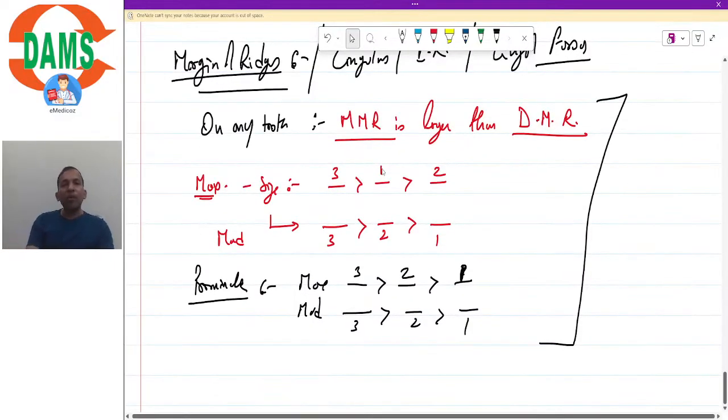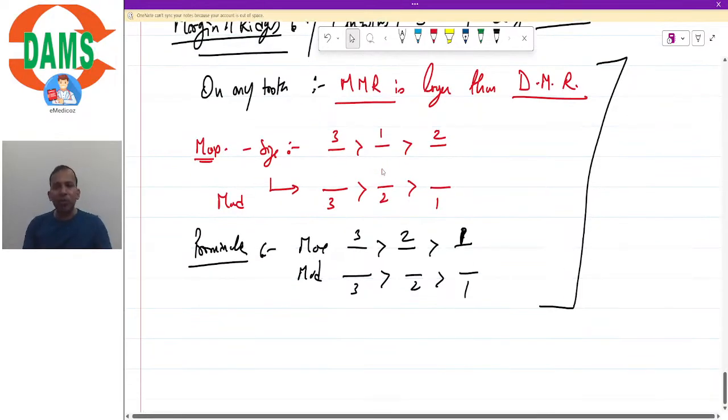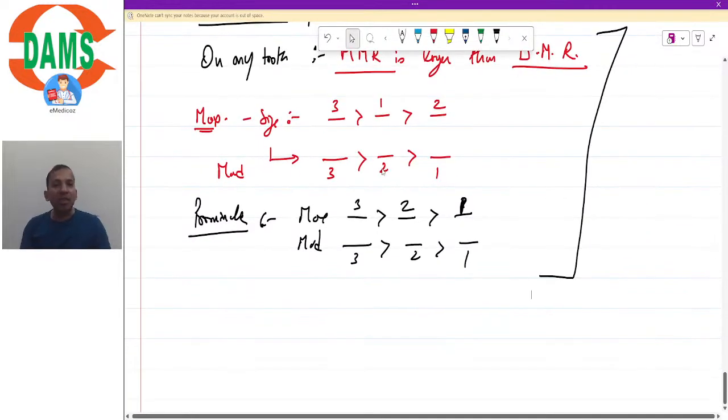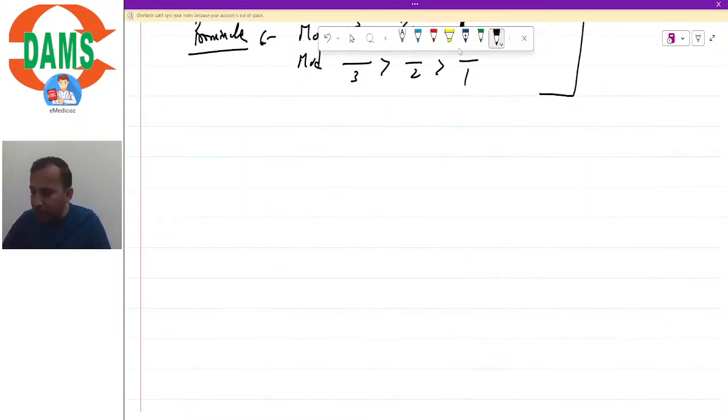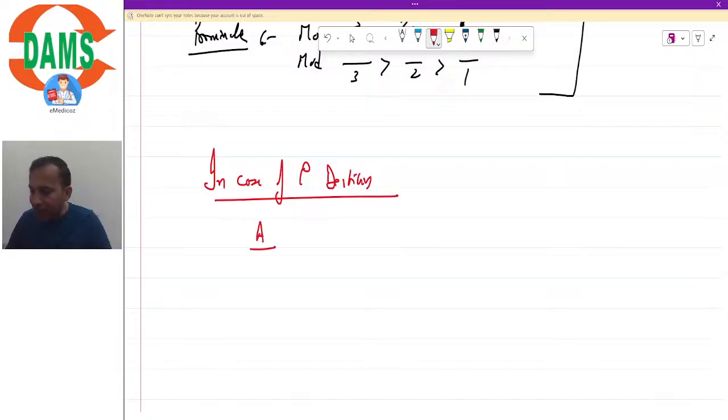Now, when we talk about the primary dentition, there would just be a slight change, right? There is a small change, everything else is the same. So what is the small change in primary? In case of primary dentition, the maxillary central incisor has more prominent features than maxillary lateral incisors.